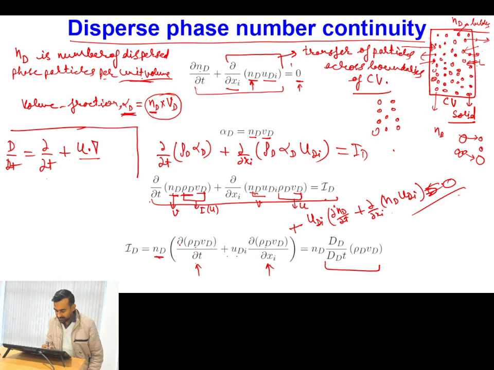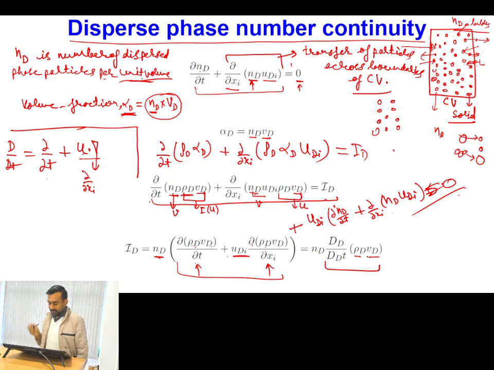Here you can see this is del by del t of rho d into Vd, and this is udi, means this u, and then del by del xi. So this del operator is equal to del by del xi also. So del by del xi of rho d into Vd. So this will become d by dt of rho d into Vd.